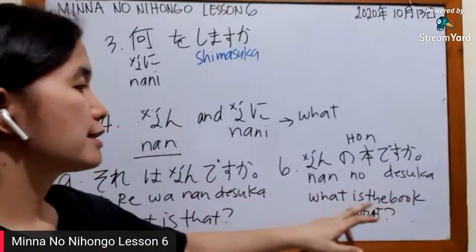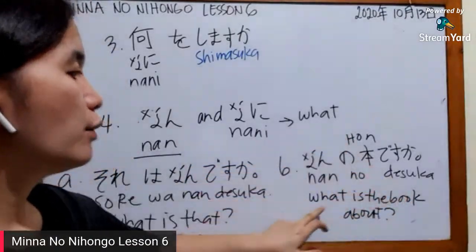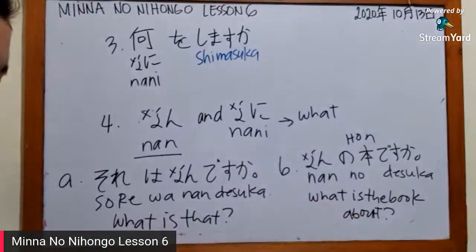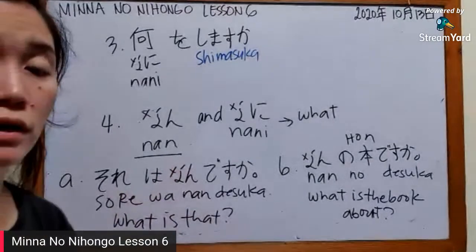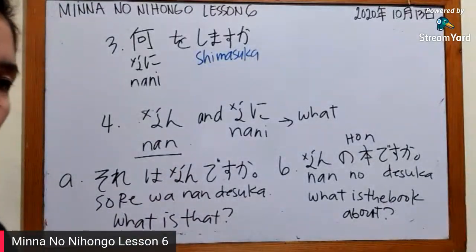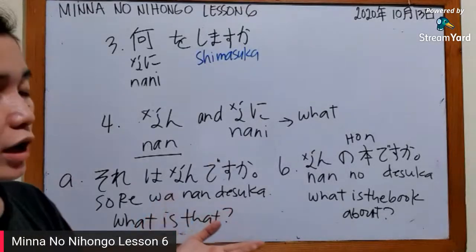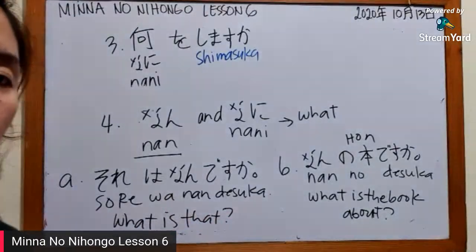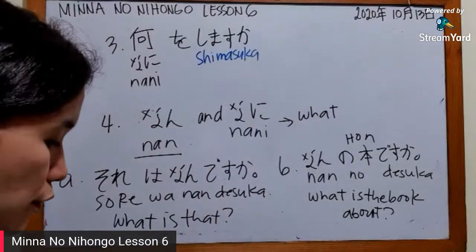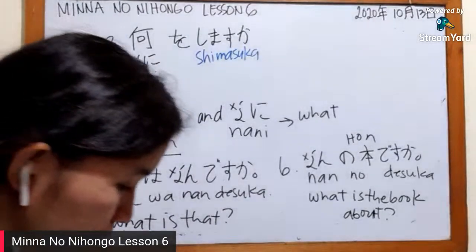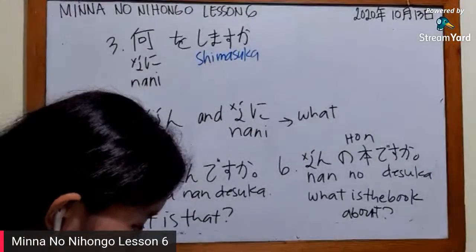Nan no hon desu ka? What is the book about? For example, it's about computer. Computer no hon. Anime no hon is a book about anime. Nihongo no hon, a book about the Japanese language.